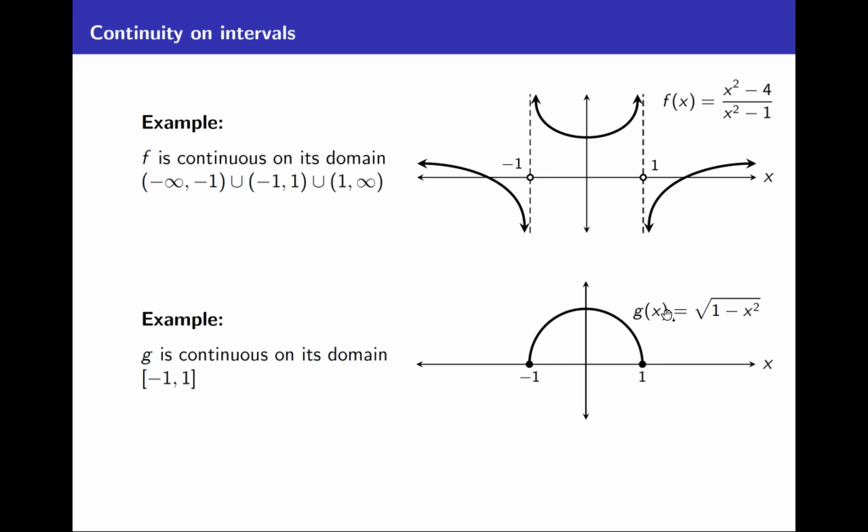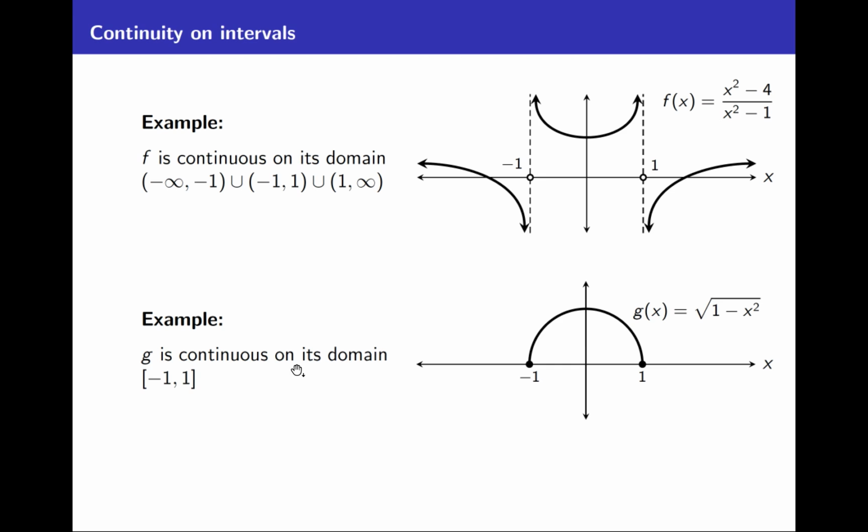Here's a function g of x equals the square root of 1 minus x squared. And if you think about the Pythagorean theorem, you can figure out that we're talking about the upper part of the unit circle here. Its domain is the closed interval from minus 1 to 1.